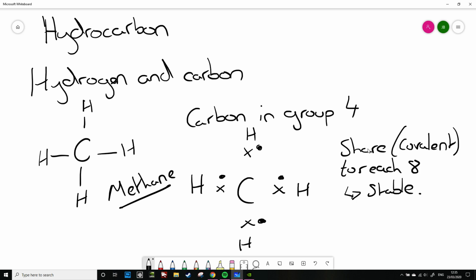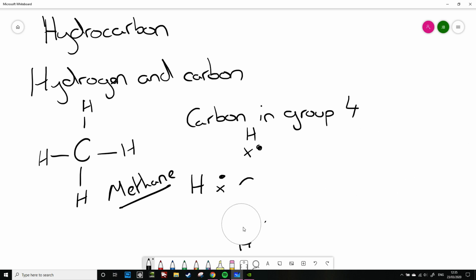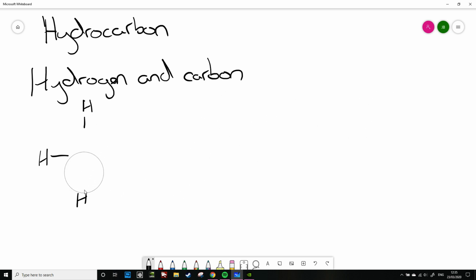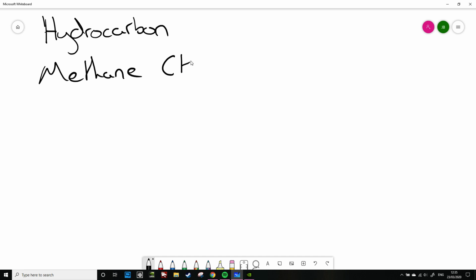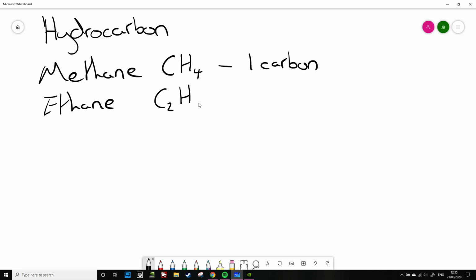Now next, we're going to talk to you about all of the different hydrocarbons. So let's clear that up. So we got methane, that is CH4, 1 carbon. We have ethane, that's our second one, and that is C2H6, 2 carbons.